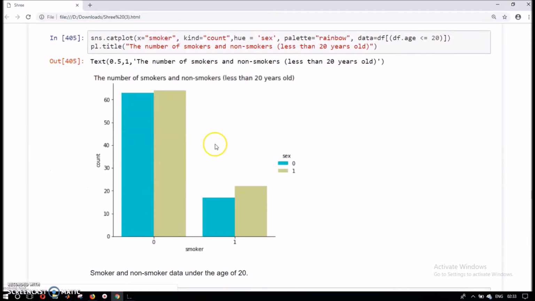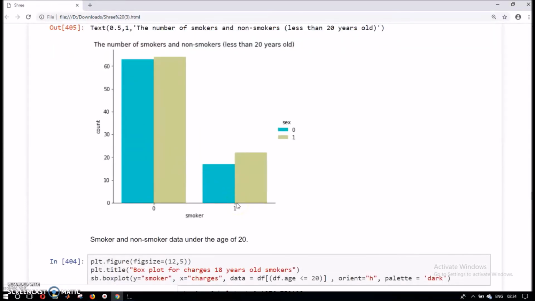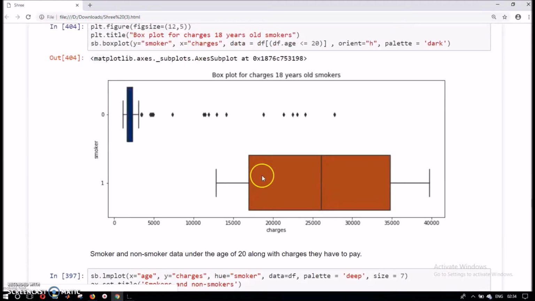Now, in this age group of people less than 20, we see that there are smokers in this group also. But I wonder, does it still affect their charges at such a younger age? Let's see it. Oh, to my utter surprise, it still affects their charges.